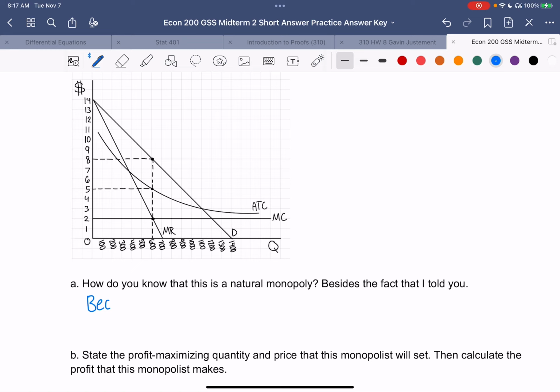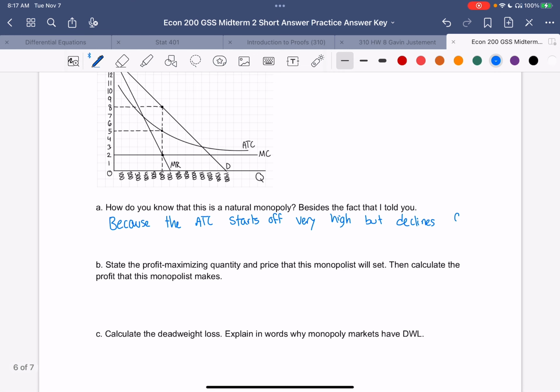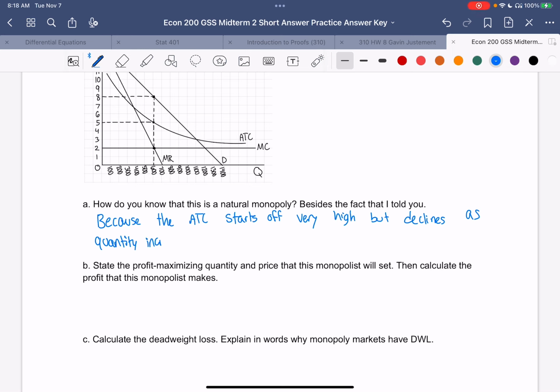Because the ATC starts off very high, but declines as quantity increases, this indicates very large fixed costs.